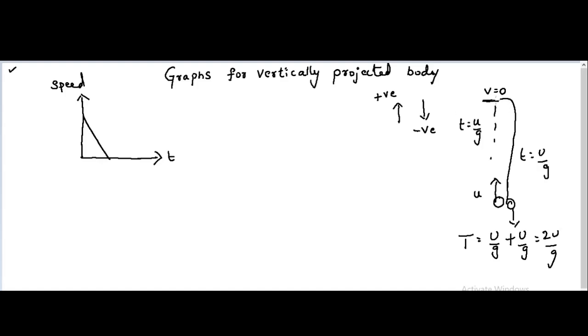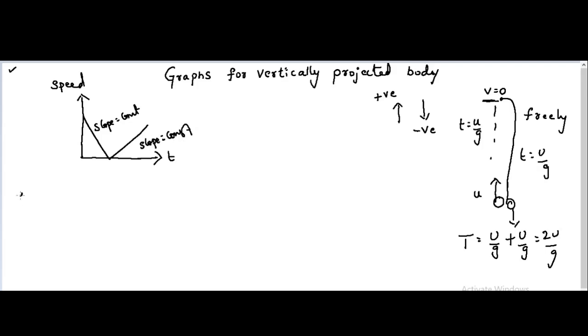And then after reaching the greatest point, it falls freely, and then the speed increases. See here, the slope is constant. Then here also the slope is constant.